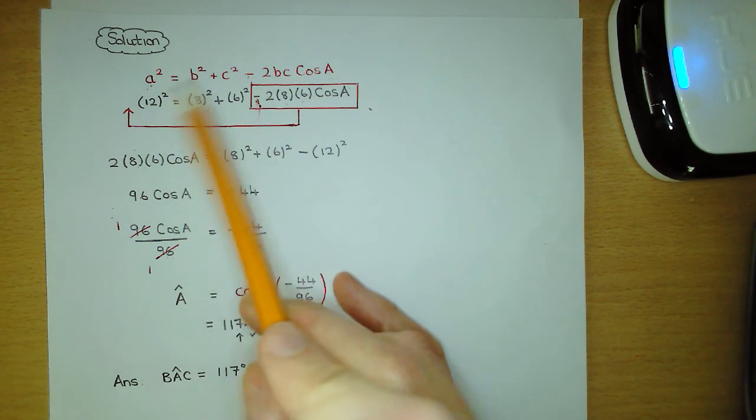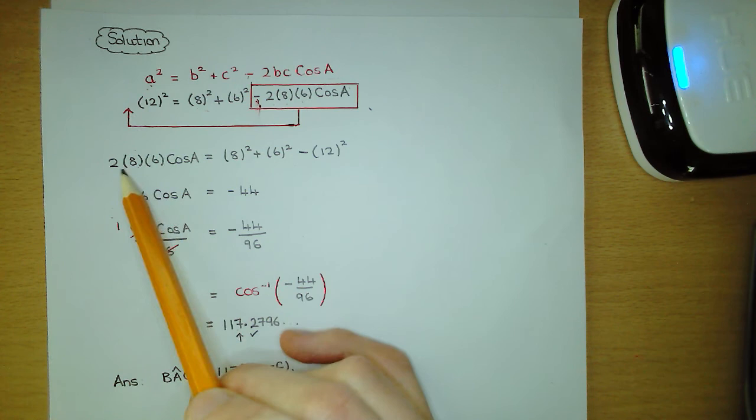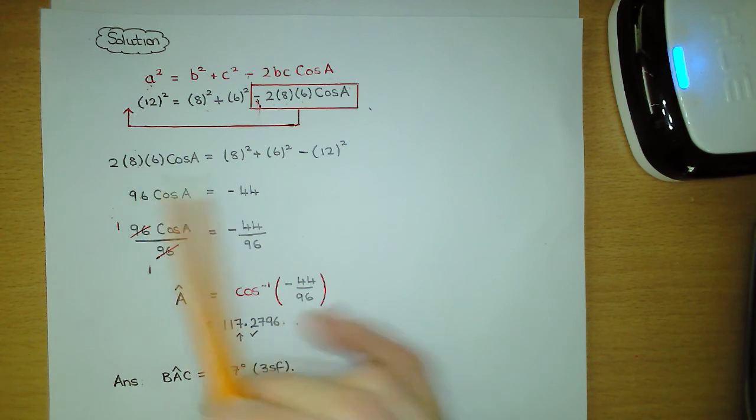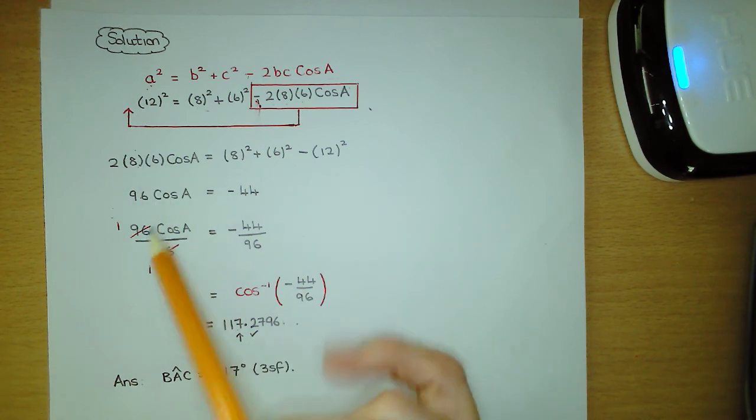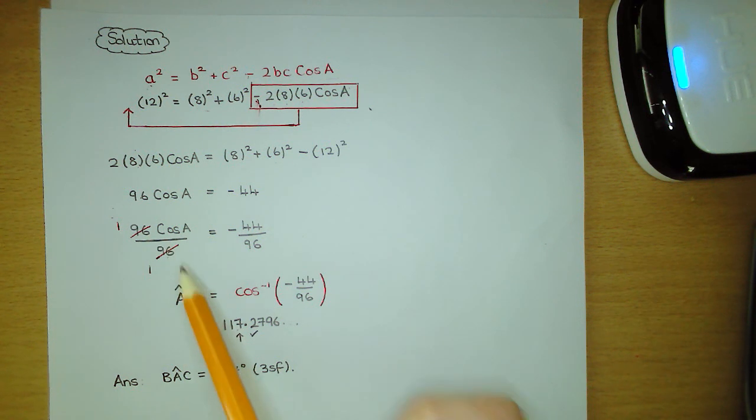And then shift all the squared terms to the other side. Then go to your calculator, evaluate all the numbers, divide both sides by the coefficient of cos A, or whatever the angle is, and then remember to take the inverse cosine of the other side, and then round your answer to 3 significant figures.